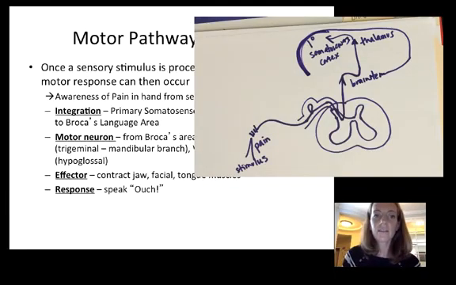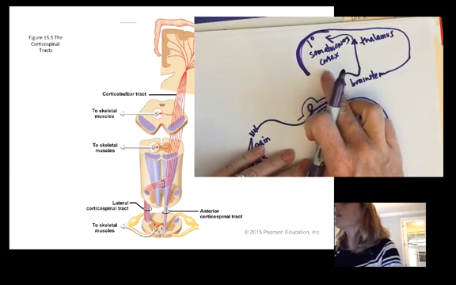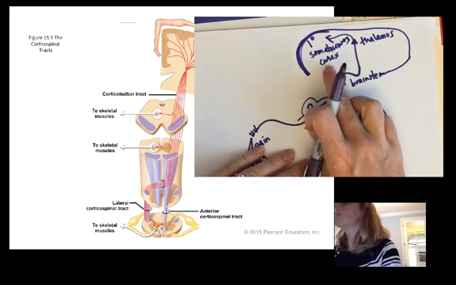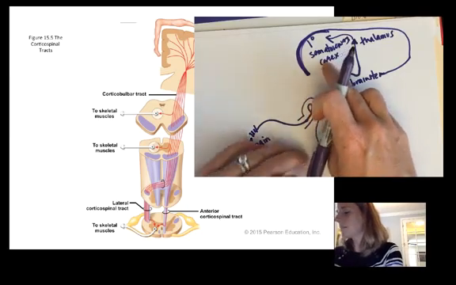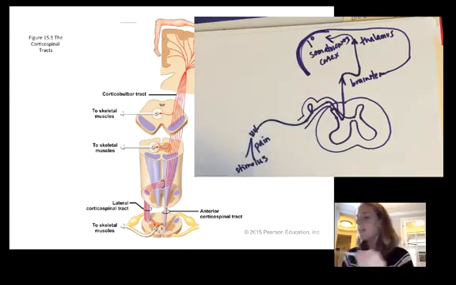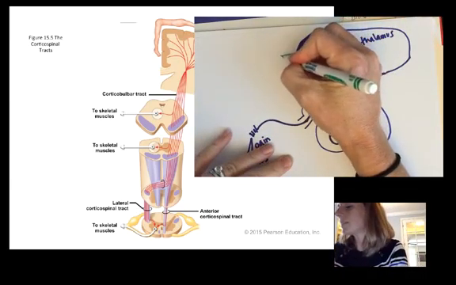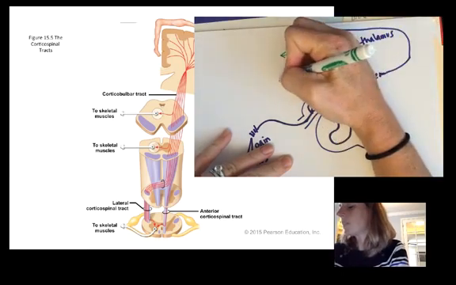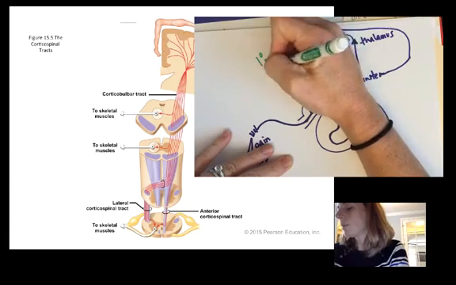From there, we will send out a motor command in response to this painful stimulus. So you'll be aware of the painful stimulus in the somatosensory cortex, and then the brain will decide whether to respond to that stimulus.